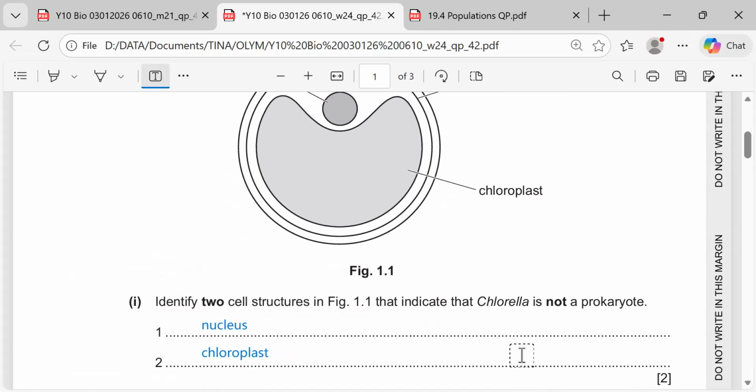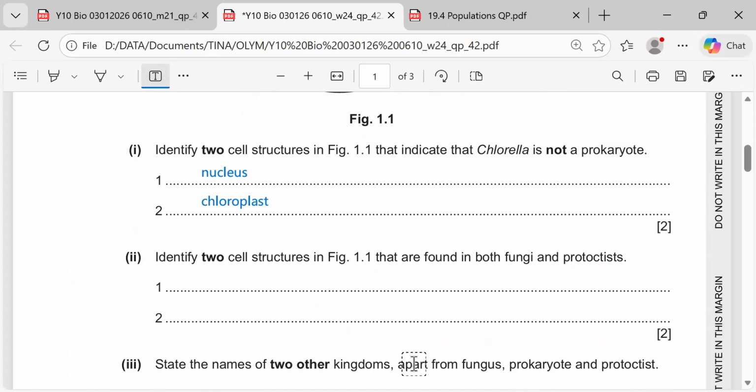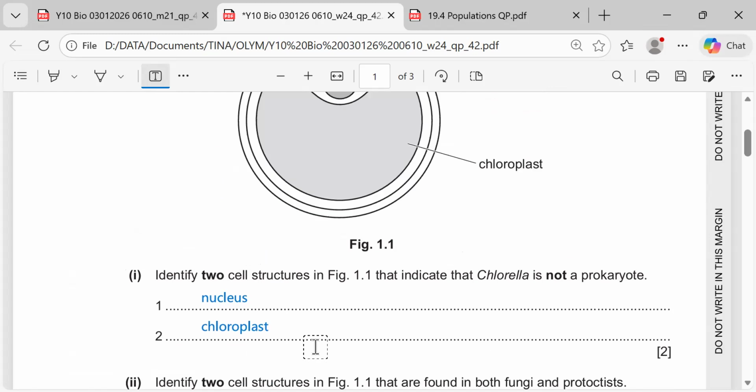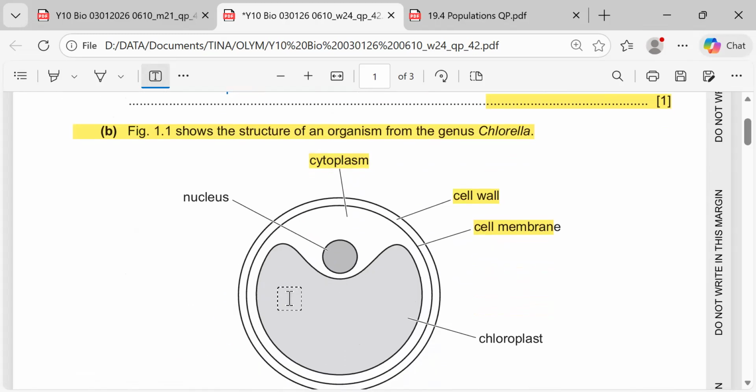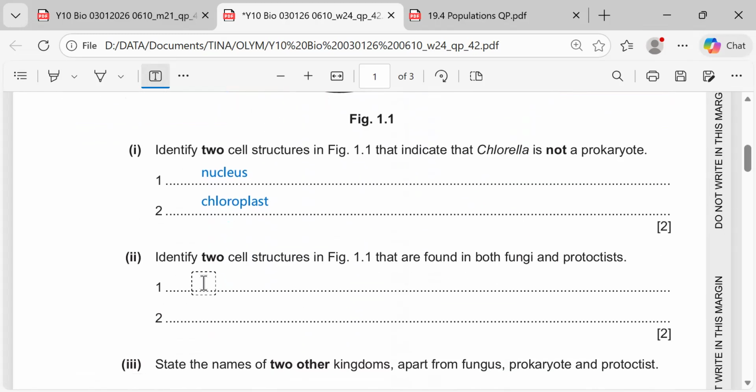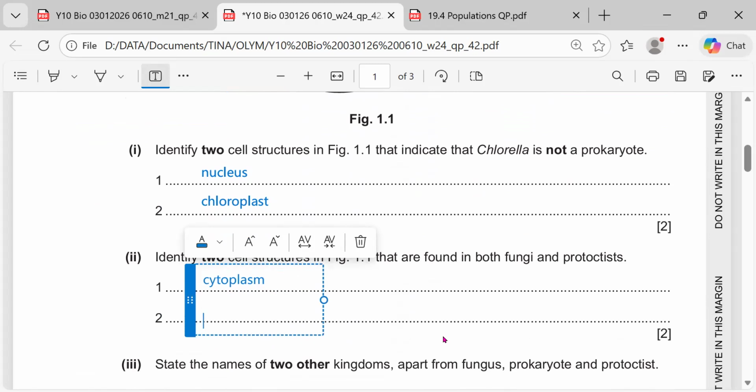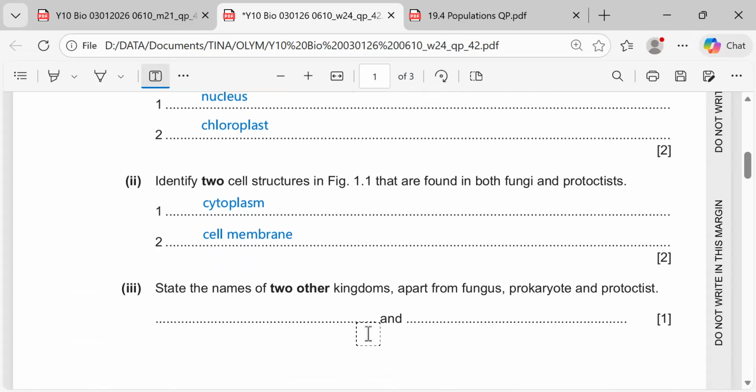Some bacteria might have chlorophyll, but they don't have chloroplasts. They don't have membrane-bound organelles. Two cellular structures found in both fungi and protoctists: in this case, cytoplasm and cell membrane. Always choose the easiest one. Nucleus is okay too. Always choose the simplest one.